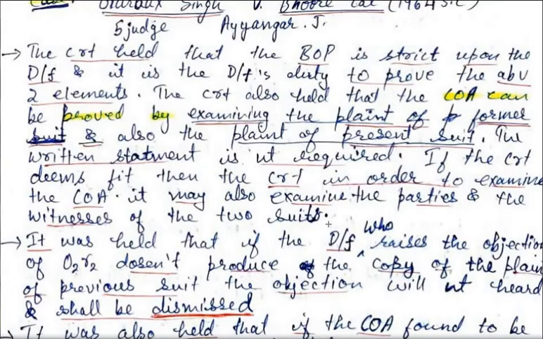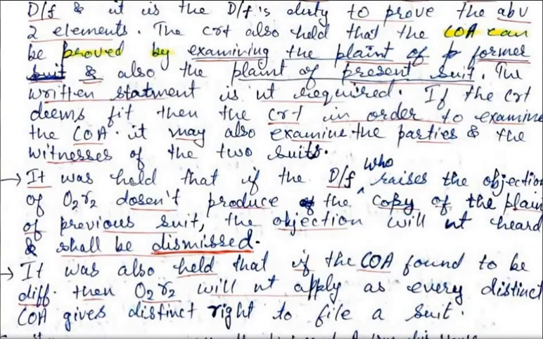अब इसमें आगे लिखिए. It was held that if the defendant who raises the objection of Order 2 Rule 2 does not produce the copy of the plaint of previous suit, the objection will not be heard and shall be dismissed. मतलब अगर आपने ऑब्जेक्शन रेज किया Order 2 Rule 2 का और आपने प्लेंट की कॉपी नहीं लगाई, तो आपके ऑब्जेक्शन पे हियरिंग भी नहीं होगा.